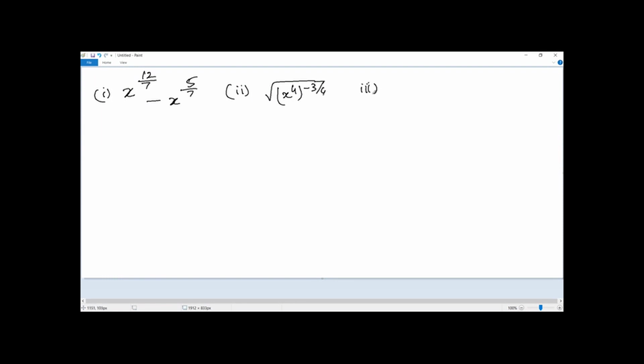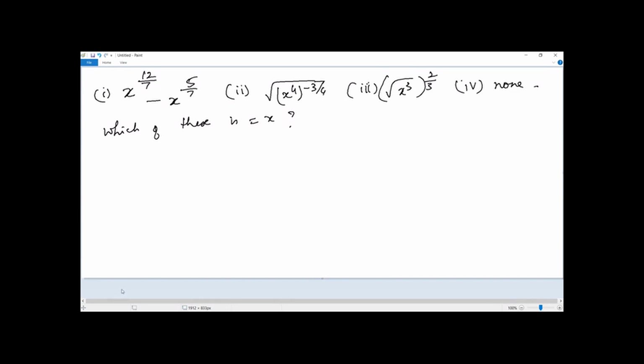Third is square root of x cube to the power 2 by 3. Fourth option, none. Question is, which of the options is equal to x?